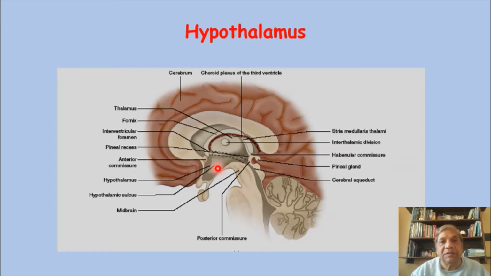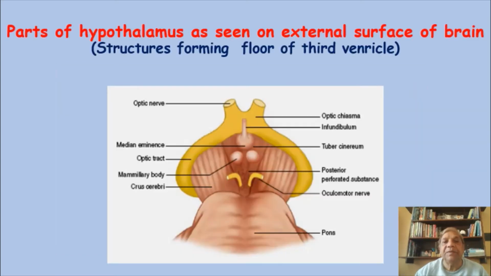Otherwise, both the right hypothalamus and left hypothalamus, which form the lateral wall of the third ventricle, lie inside. Let us see which part of the hypothalamus can be visualized on the ventral surface of the brain.